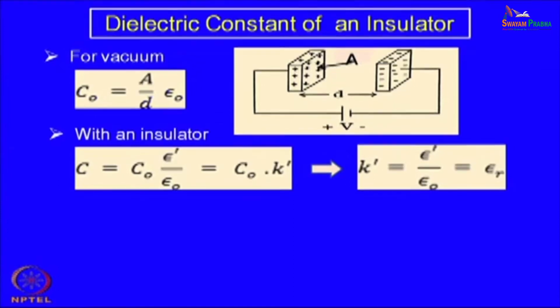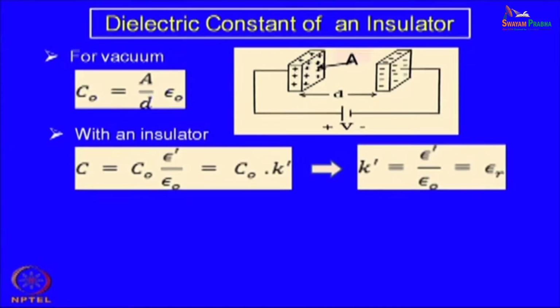This dielectric constant is a material parameter, and it does not depend on the shape and size of the material, but it depends on the structure of the material, the composition of the material, and the particular type of chemical bonding it has. So, K is a material parameter of great importance, and that is how one can characterize a dielectric material.